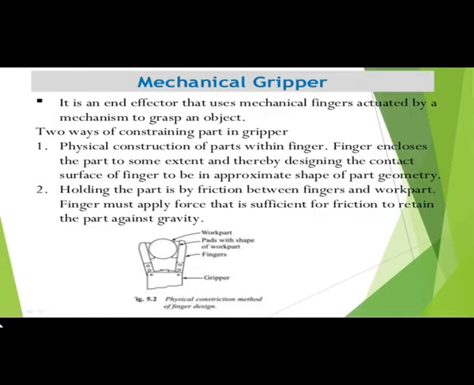First we discuss what a mechanical gripper is. A mechanical gripper is an end effector that uses mechanical fingers actuated by a mechanism to grasp an object.